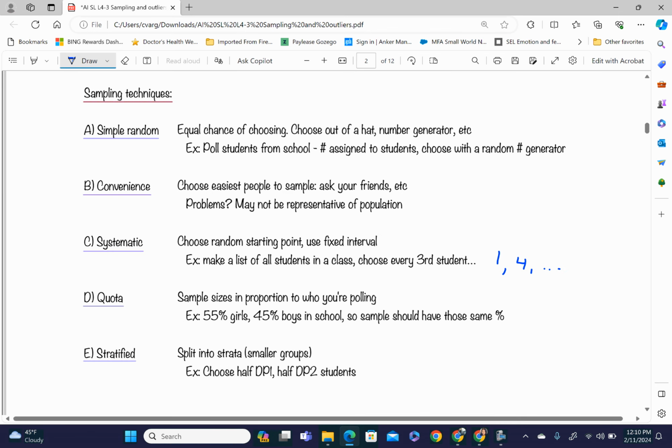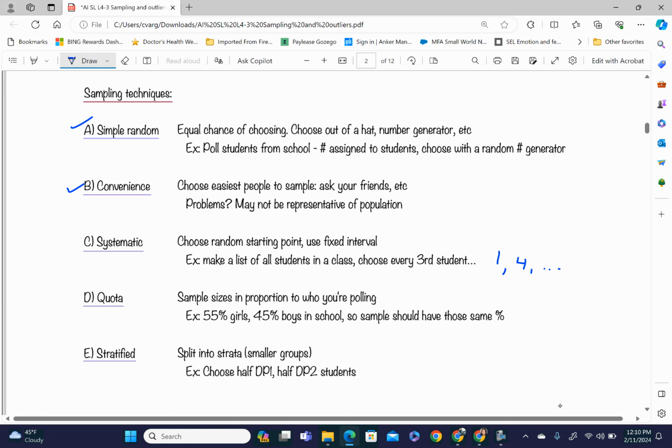All right, so there are 5 different types of sampling. For AISL, there is a lot of convenience sampling. There is a lot of random sampling. So we'll talk a little bit about what each of these means.